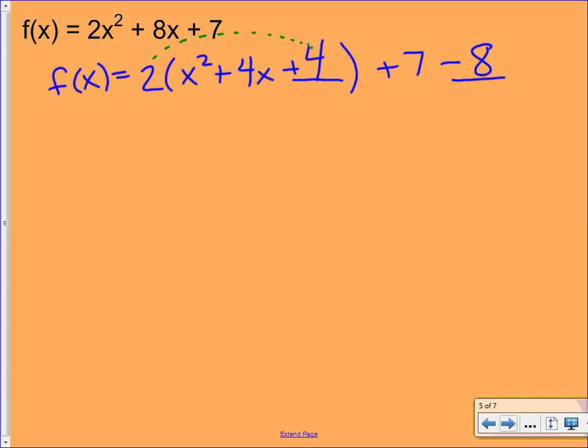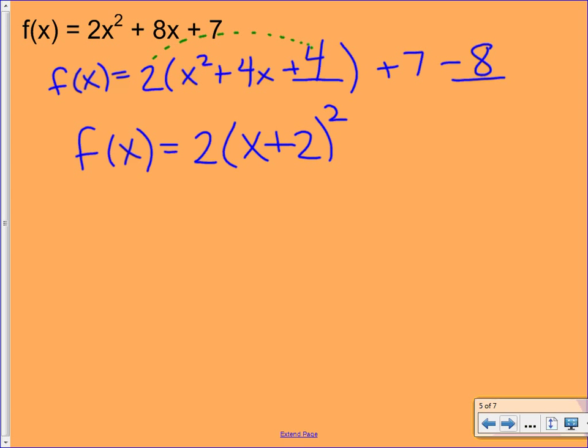That mystery number has to be multiplied to that coefficient since it's inside the parentheses. Right? So what do we have? We have 2 times x plus 2, the quantity squared, and then minus 1.